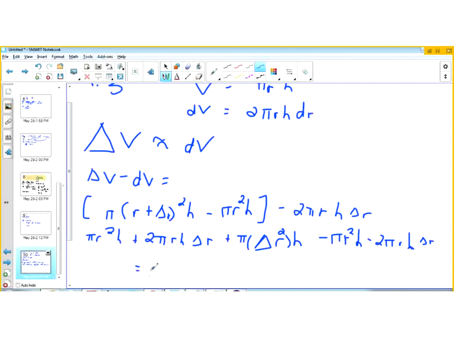And so this is equal to pi times delta r squared h. So delta volume minus differential volume would be that. And so this would be the error. This is how you calculate the error.